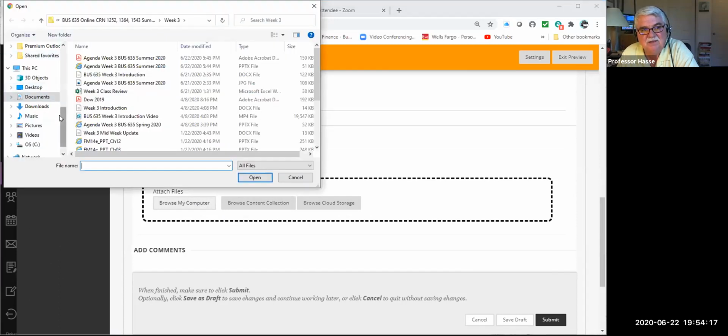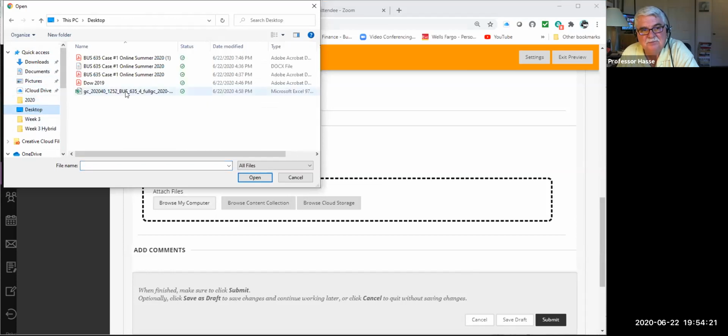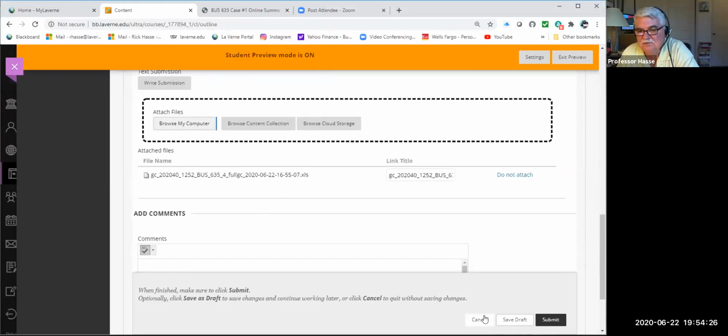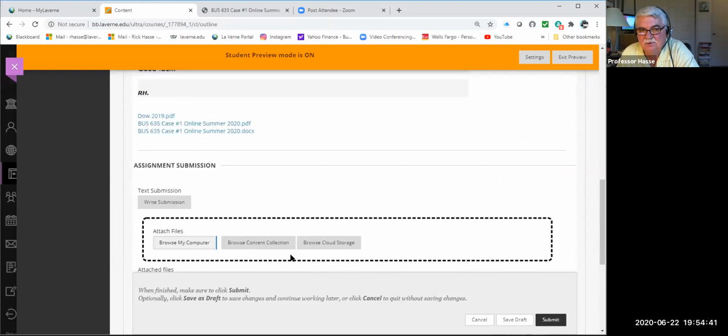Let's say you have a file on your desktop. Let's take this one. You hit open, and now all you do is submit it. Or you can just take your desktop file and drag it into this box, and it will take it. And once you hit submit, it's now sent to Professor Hasse, and he can grade it.